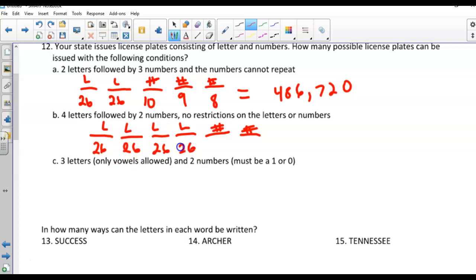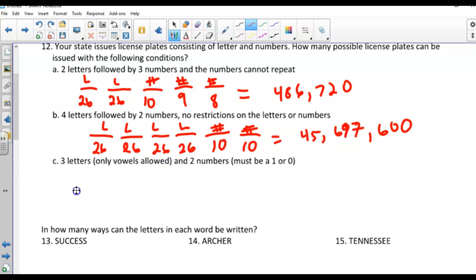There's no restriction. So that's 10, that's 10. So that's 26 to the 4th times 10 squared, or 26 times 26 times 26 times 26 times 10 times 10. And that's going to give you a whopper: 45,697,600. There you go.